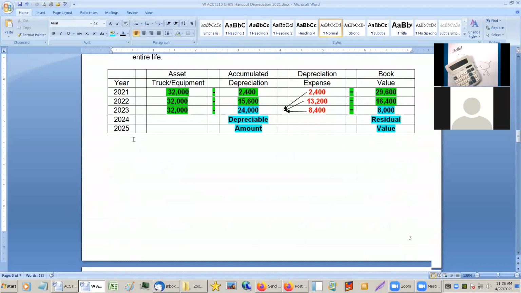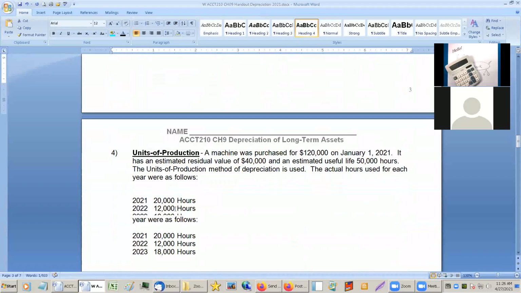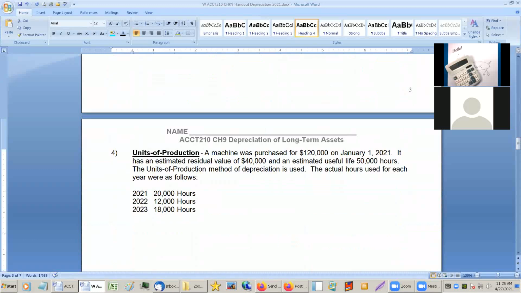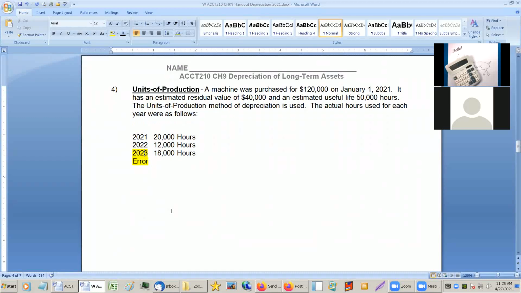Okay. Now, by the way, this is an error also, so to correct this, that should be 2023. Okay, so this is a machine.